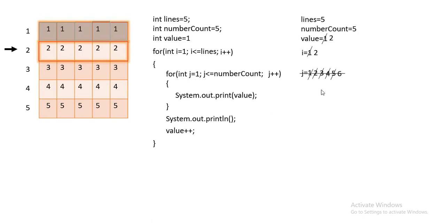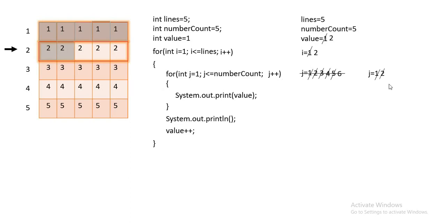Now j becomes 1. 1 less than or equal to 5. So print 2, because the value of the value variable is 2. Then go back to j++, j becomes 2. 2 less than or equal to 5. So again print 2.